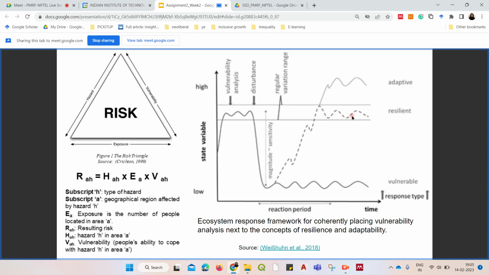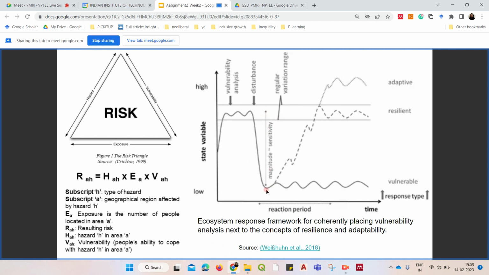So this is the quality of a resilient ecosystem, that even after the disturbance occurs, it goes back to its normal state of functioning. And then the adaptive state of functioning is that it recovers and goes back to a state which is even higher compared to its earlier state that was there before the disturbance.